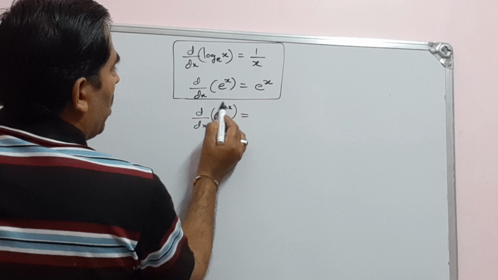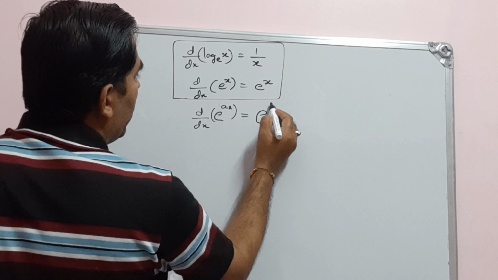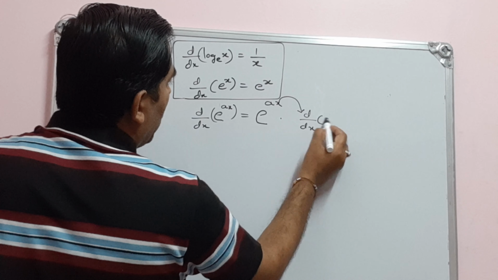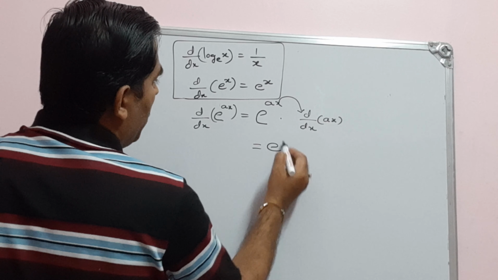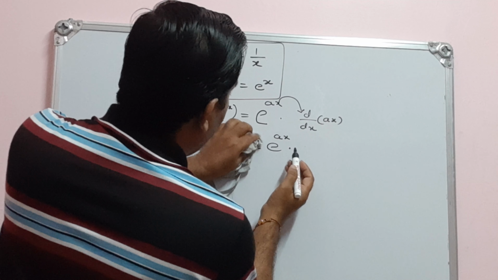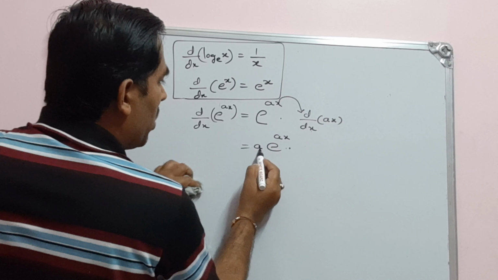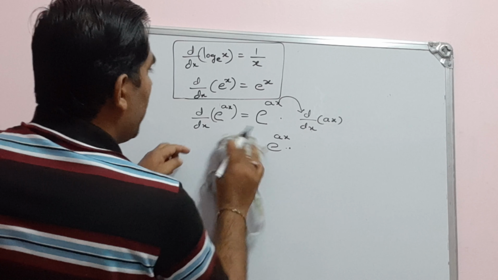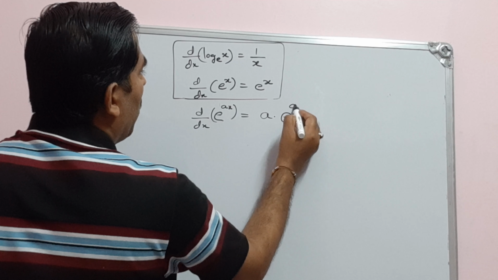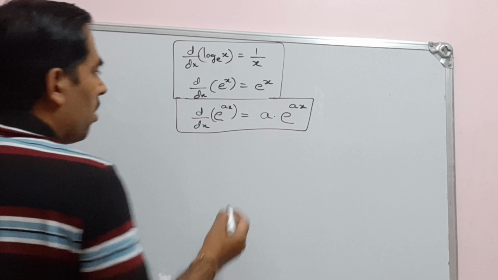Whatever the power of e may be, think of it as x; the derivative of the exponential function e to the power of x is itself. So e to the power of ax into the derivative of the inner quantity ax. Here a is constant, so I can write this a outside, into the derivative of x with respect to x, which is 1. So the derivative of e to the power of ax is a into e to the power of ax.